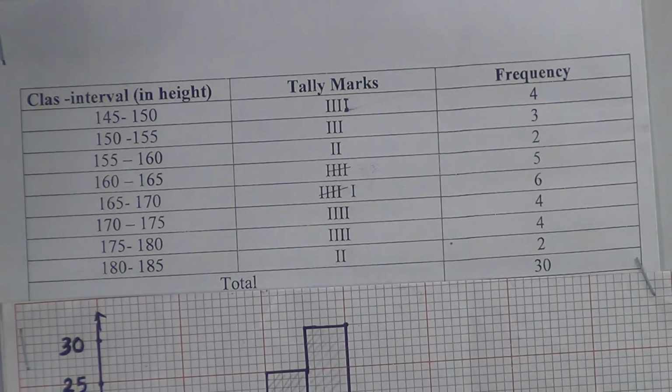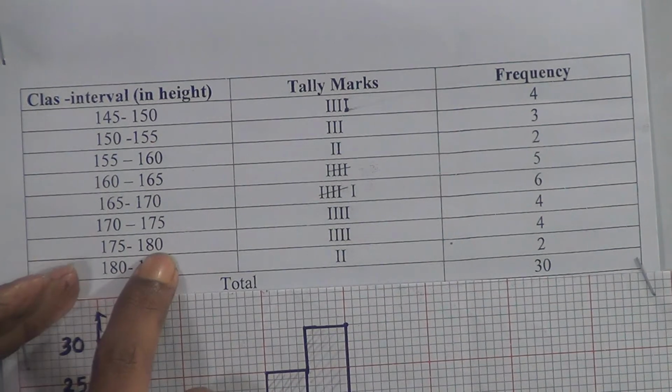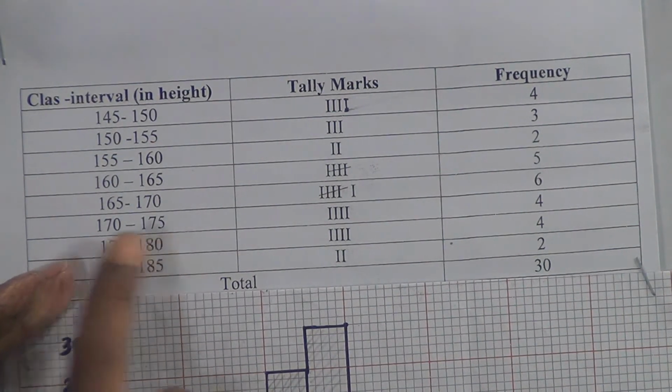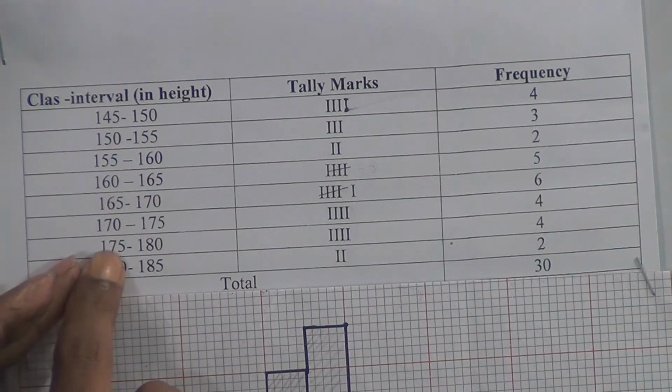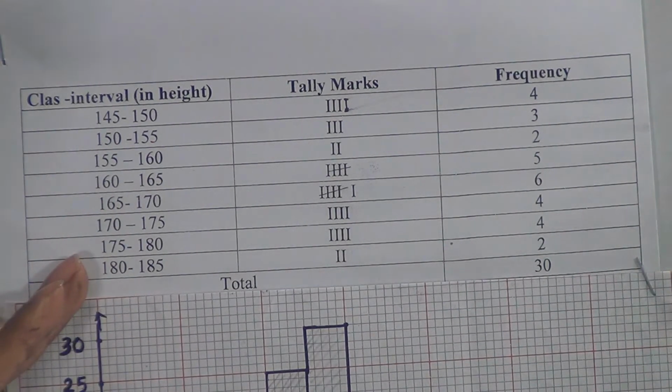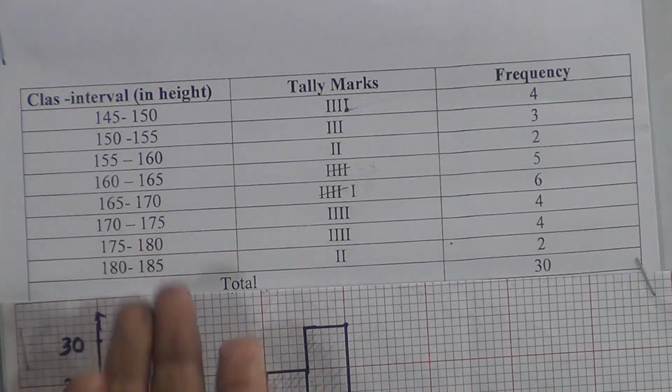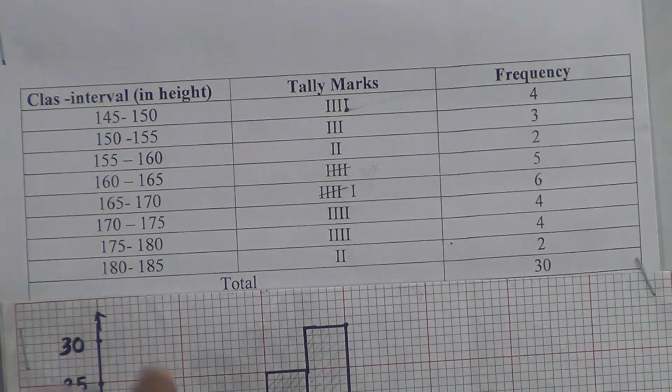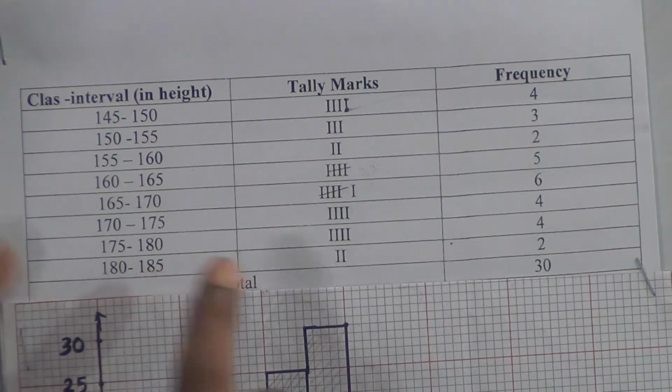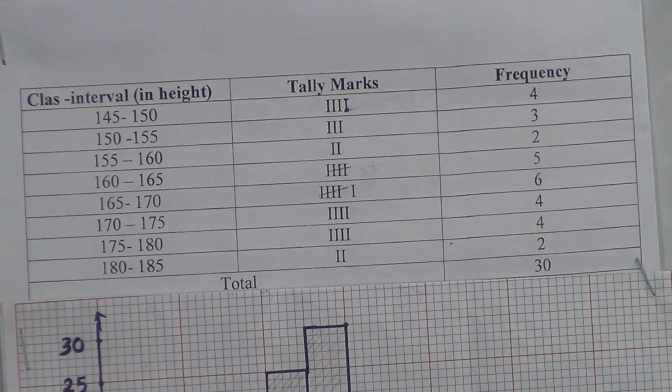Dear student, you must remember that 180 is not included in the previous class interval; 175 to 179 is included there. When it counts 180, then this will be in the next class interval. Dear student, carefully look.